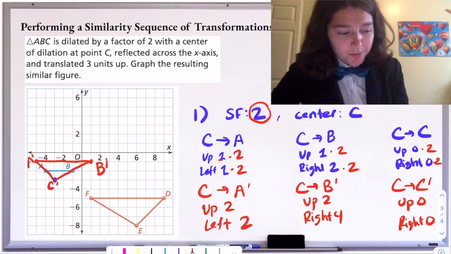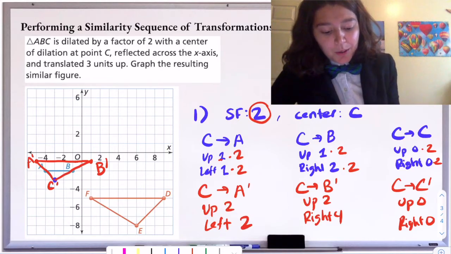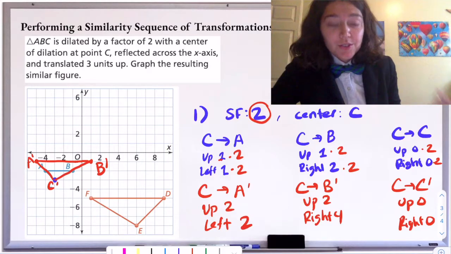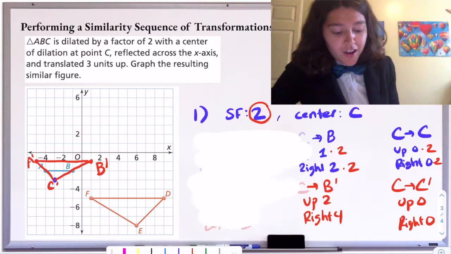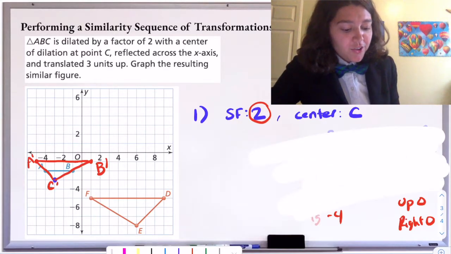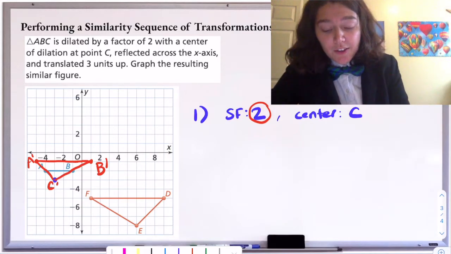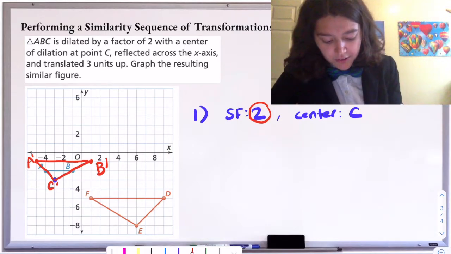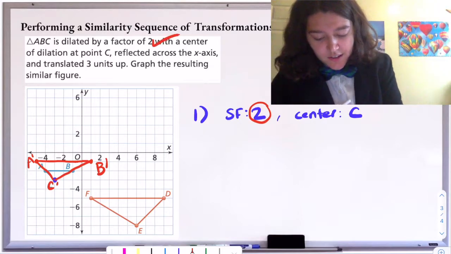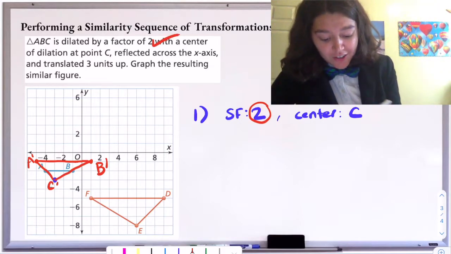That's step number 1. I did that by multiplying all the directional coordinate distances from the center C to the 3 points by my scale factor. So that's my first step. Check. Then it says reflected across the x-axis.